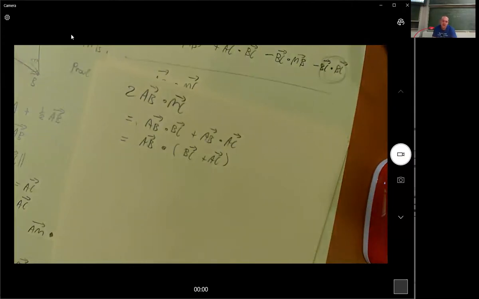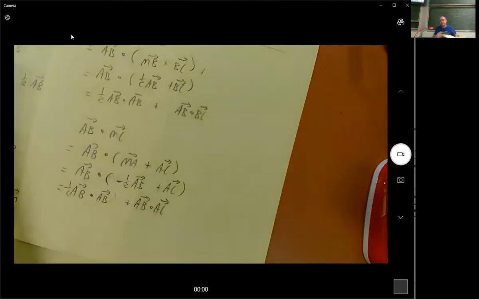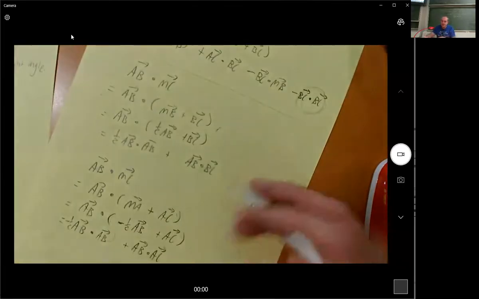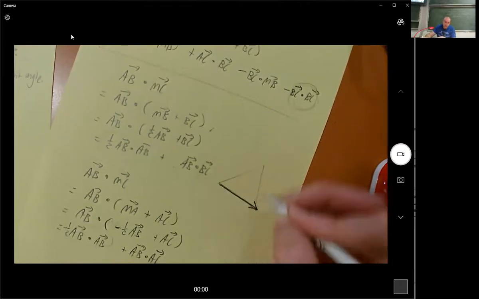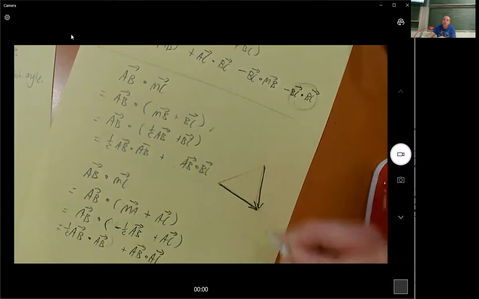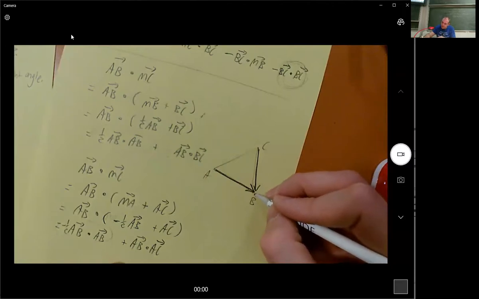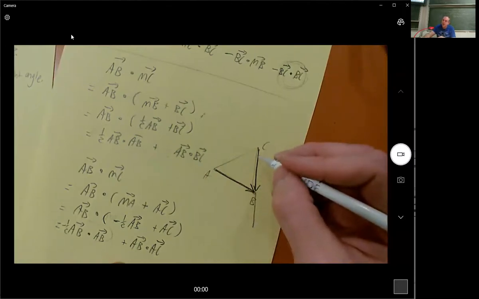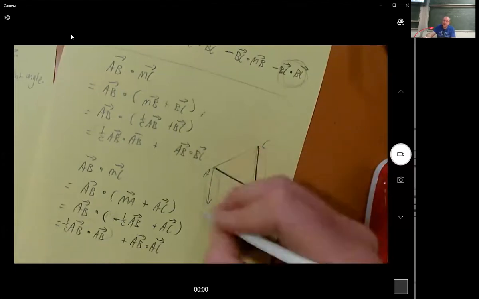I haven't really used the fact that those 2 lengths are equal, have I? I have tried to use the fact that those 2 angles were equal over here. Like I noticed that these 2 should be minus each other. So AB and BC, AB is this way and BC is this way, because this is ABC here, which means that AB and BC, when I put them tail to tail, are this way, because that's how you do angles, you have to put them from tail to tail.